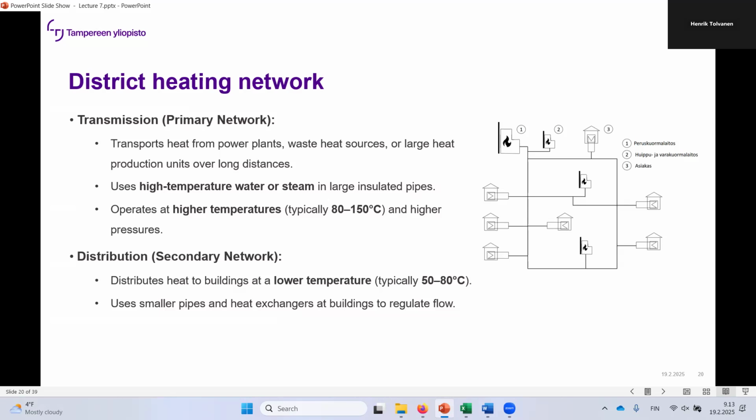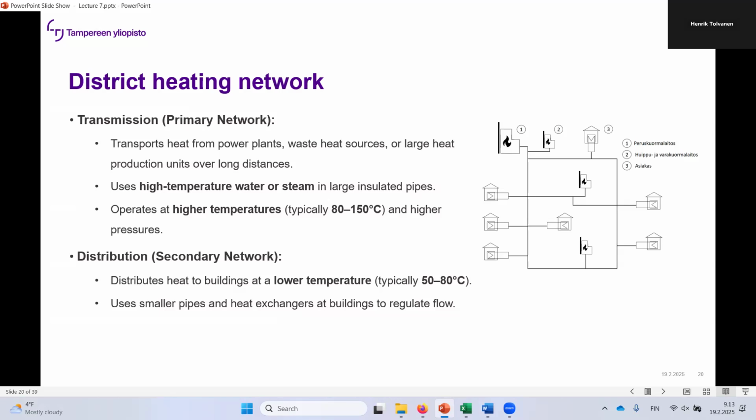And it operates at higher temperatures, and the initial district heating networks originated, I'm guessing, from the United States or Canada. I'm not sure which one, but they were using steam in there. So it was close to 200 degrees. So it was really inefficient also. But typically nowadays, we are aiming for lower temperatures.